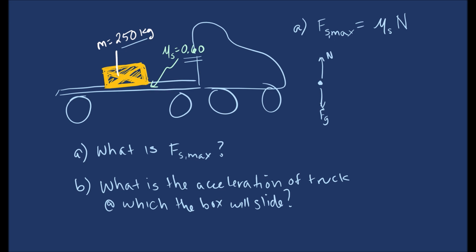We have no acceleration in the y direction, so the sum of the forces in y equals 0, and the normal force is going to equal the force of gravity, or the weight of the box. So that equals m times little g.